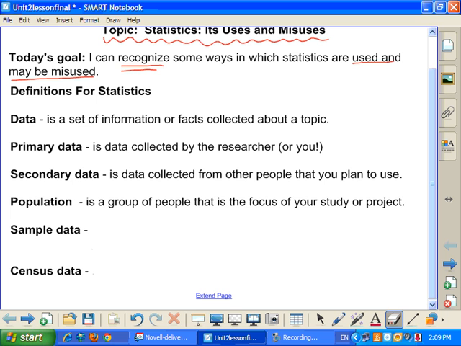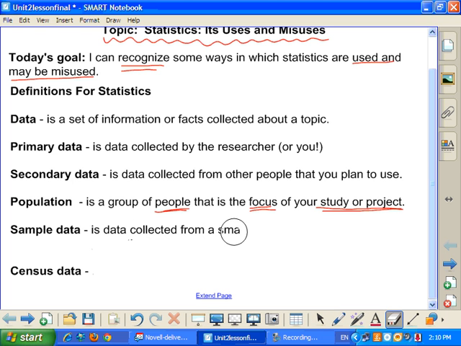If you want to talk about how many vehicles people have in the town of Mitchell, your population would be Mitchell, the people in there. So population in math is specific to the study group or project. Okay, who are you looking at? So the focus, we're looking at those people.